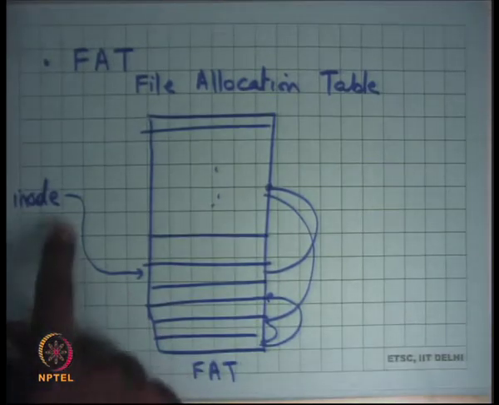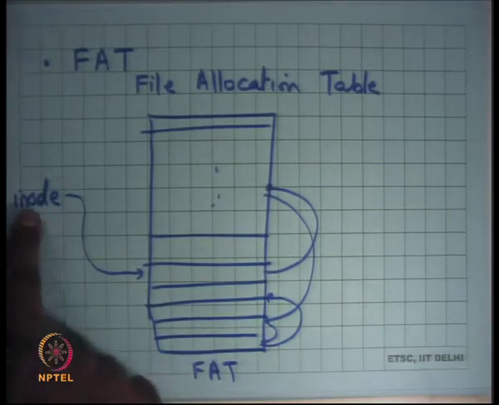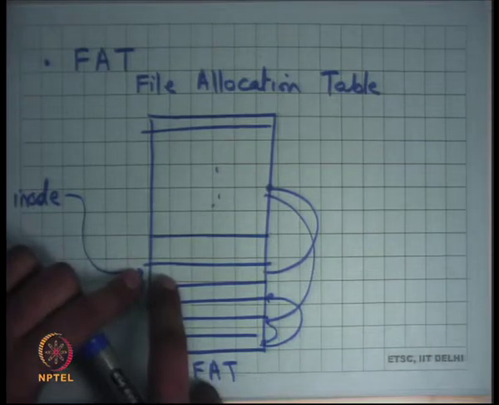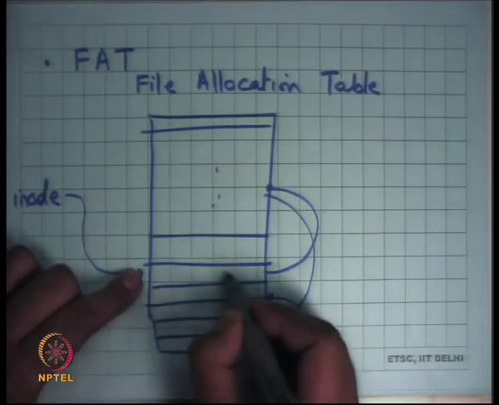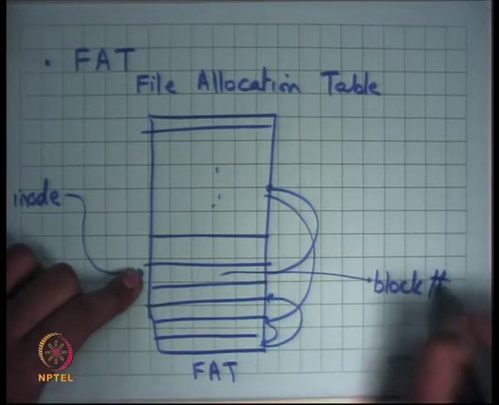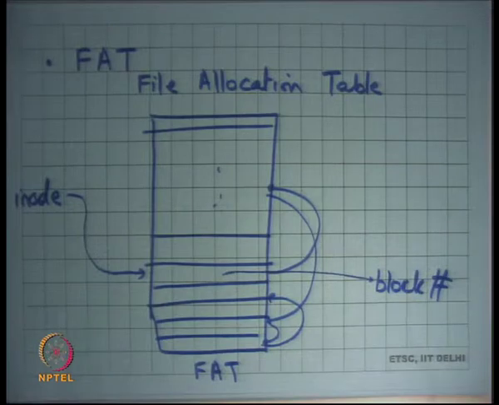So a file points to some entry here, and that entry contains the block ID, or block number, of the first block of the file on the disk.